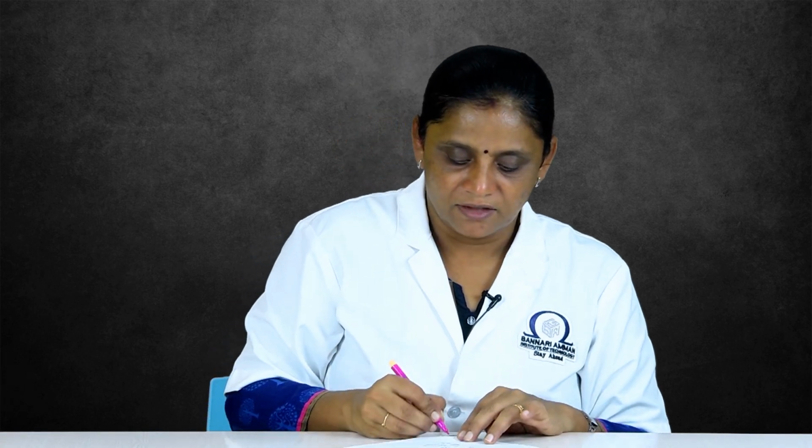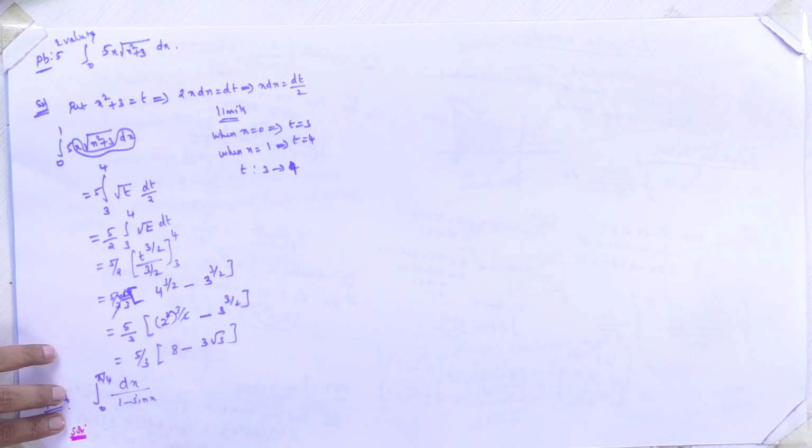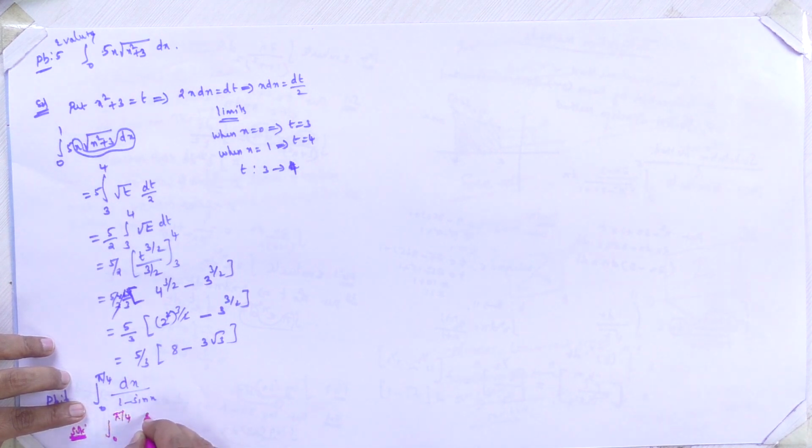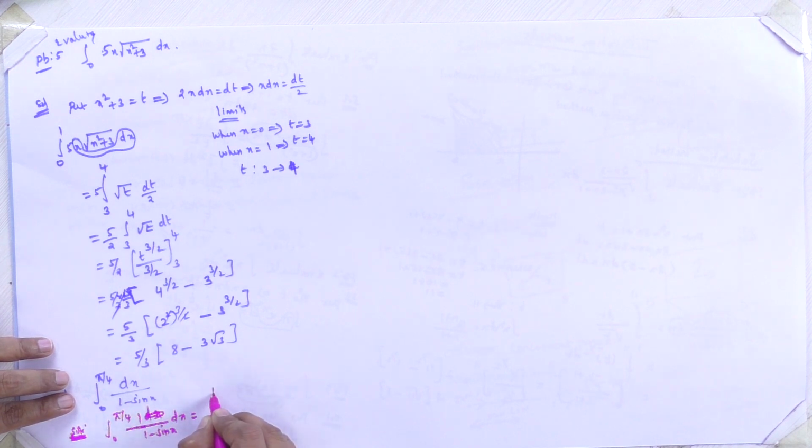For that case, we are applying a new technique. That is, integral 0 to pi by 4 dx divided by 1 minus sin x, or 1 divided by 1 minus sin x into dx, can be written as integral 0 to pi by 4 1 divided by 1 minus sin x into, you multiply and divide by 1 plus sin x.